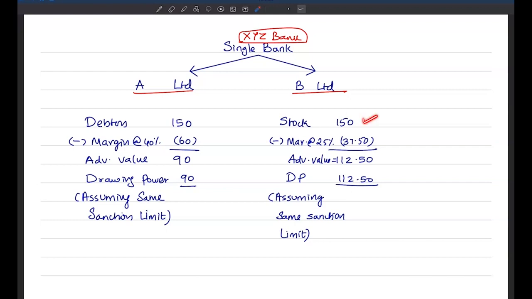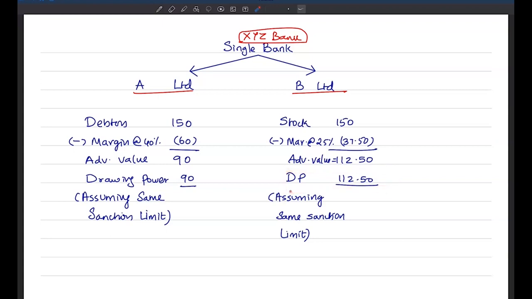So they will show stock of 150. Assuming the stock margin is 25%, it works out to 37.5. So advance value is 112.5. And I am assuming the sanction amount is also equal to this. So advance value or sanction limit, whichever is lower, and in this case both are the same. So DP is this 112.5.